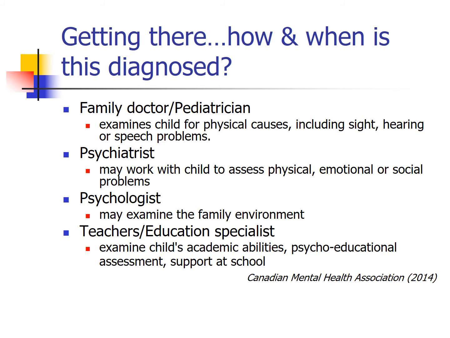And what typically these children undergo is a psychoeducational assessment, typically by a master's or PhD prepared educational psychologist, and they test the child's IQ, they examine the child's academic abilities, and they look at how they would learn best, where their learning challenges are, and how they can best be supported in the school setting.